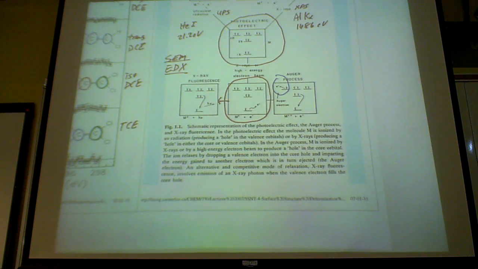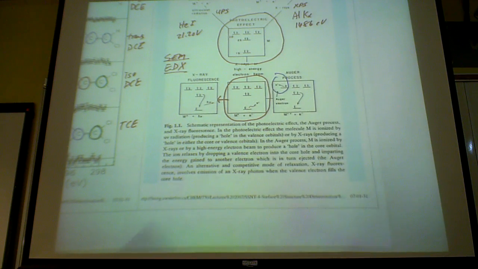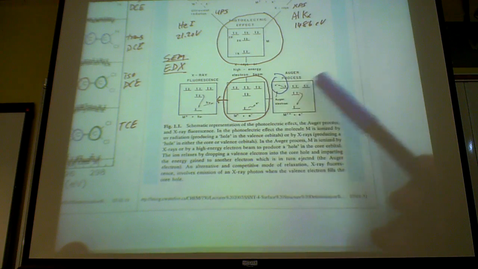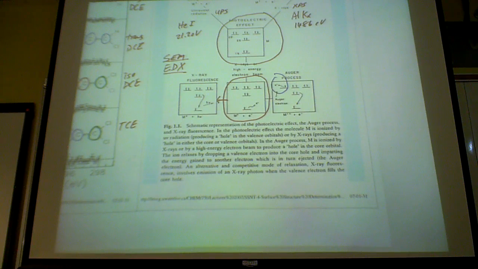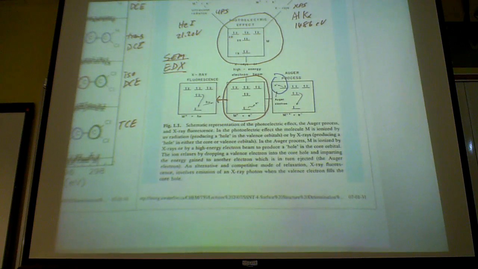Okay, so you absorb the photon, and you still have this entity with a lot of energy left, and in order to release this energy, it can release a second electron, and this second electron is called the Auger electron. And the Auger electron, the location, how fast the Auger electron is emitted, depends on the energy difference.